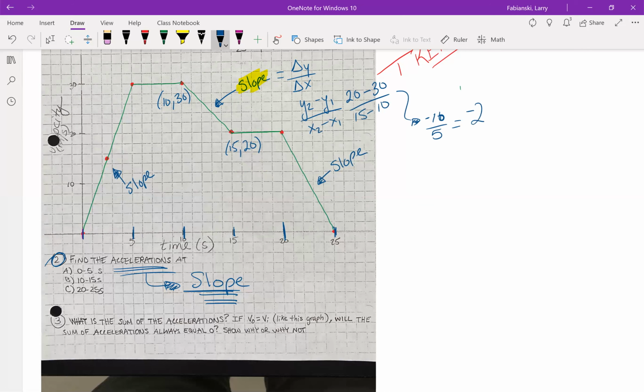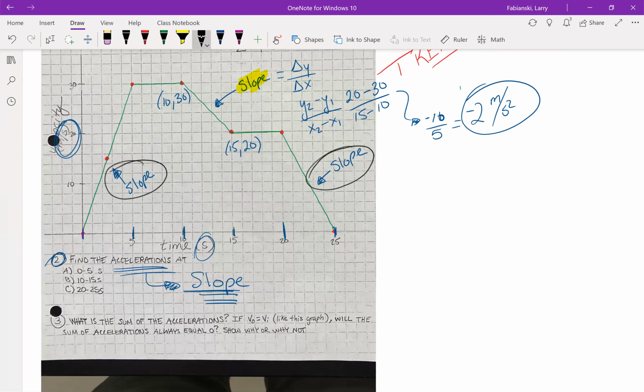And your slope, don't forget your units. You took y over x, so the y is the meter per second. The x is the second, so that would be meters per second squared, and you have your slope. So now all you need to do is find the slope of this line and this line.